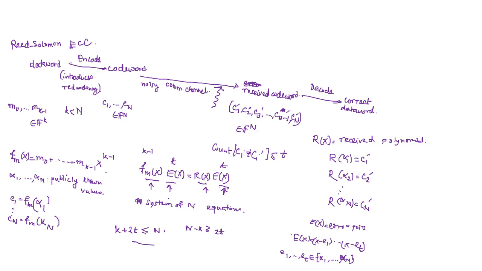So this was the brief idea on Reed-Solomon code, and then we quickly get an overview of PSMT or perfectly secure message transmission.